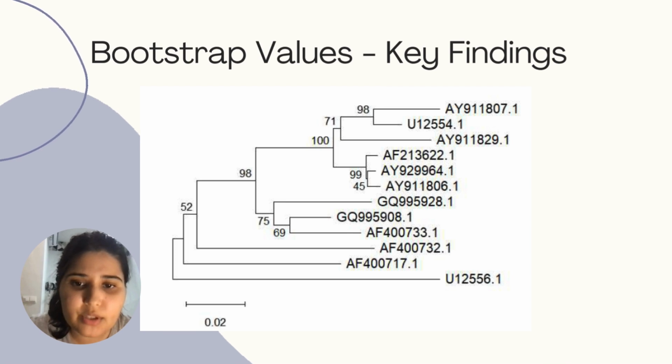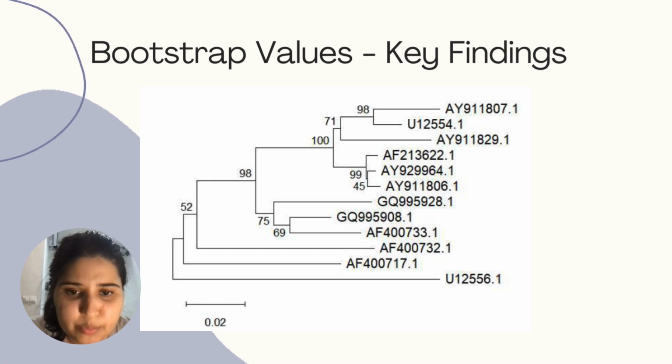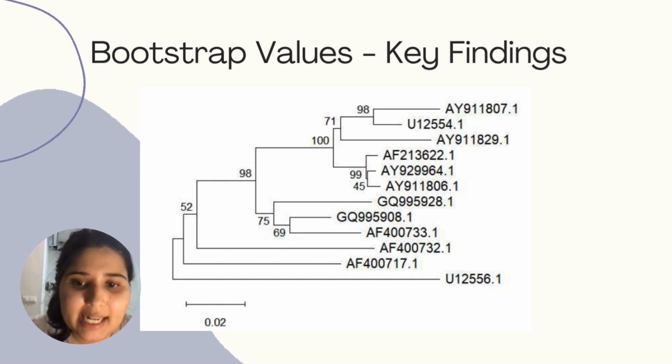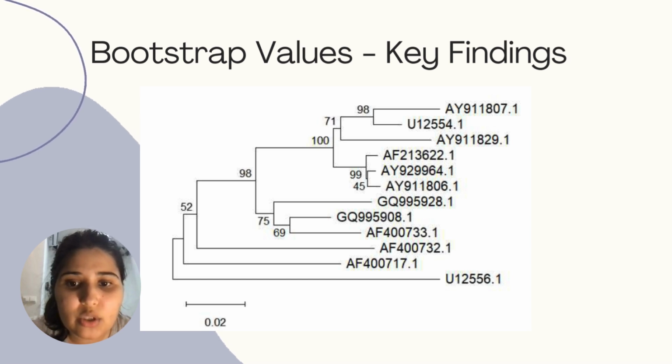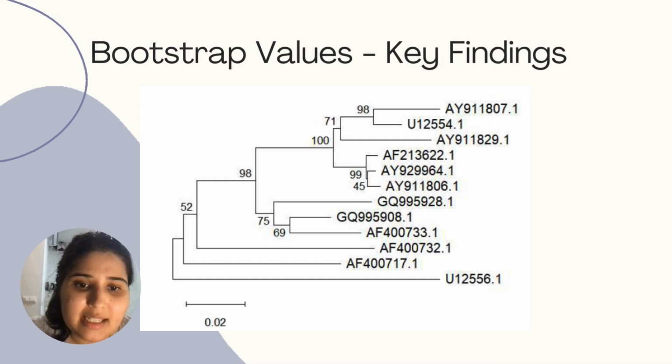In simple terms, bootstrap values ranging from 0 to 100 represent the percentage of times a specific grouping or clade appeared when repeatedly resampling our genetic data. A value above 70 generally suggests good support, while anything over 95% signifies very strong statistical confidence.